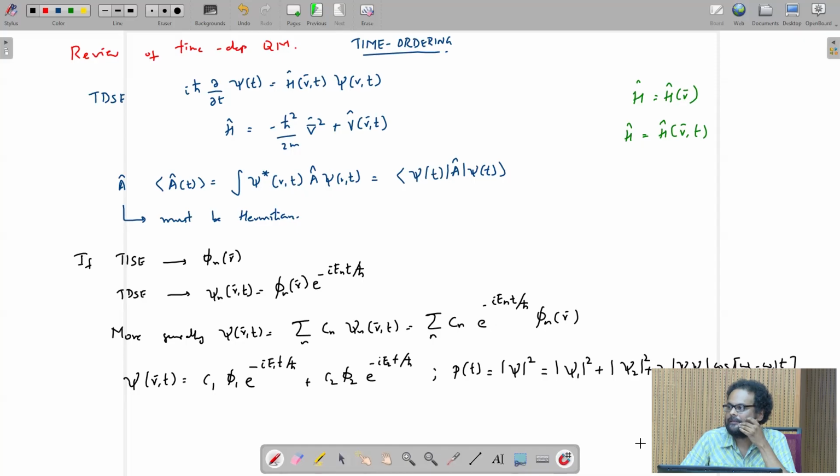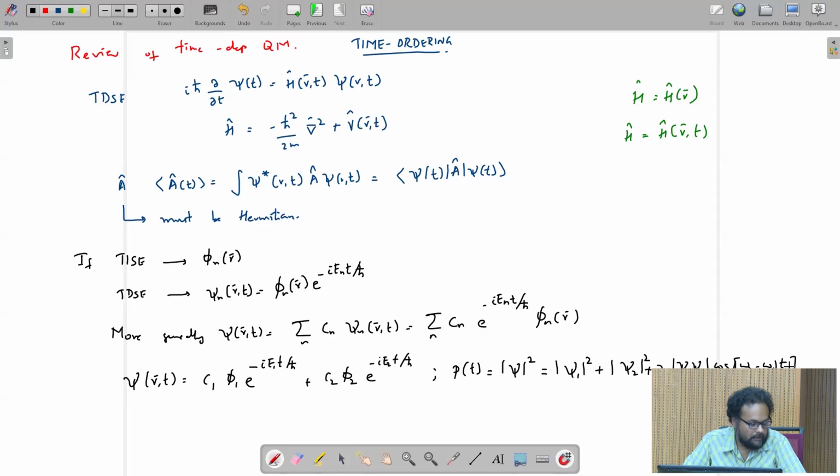Basically, you can see that my probability density is oscillating at the difference frequency between the two states. So what I have here is a coherent superposition, and the probability density is oscillating.